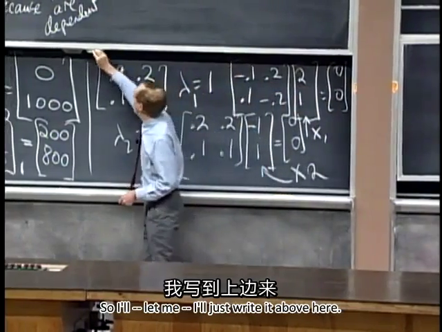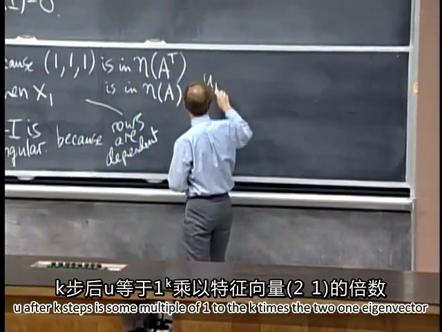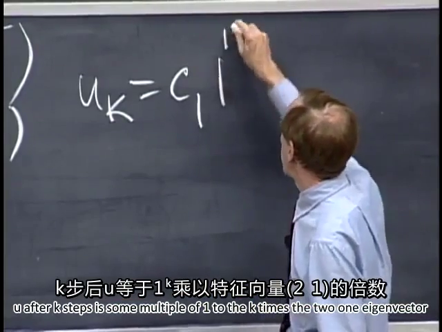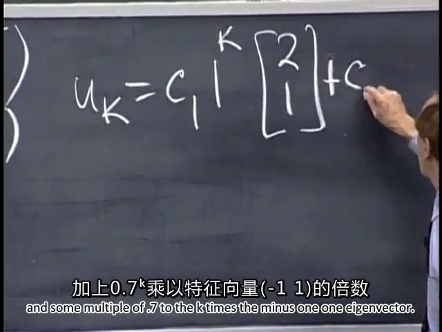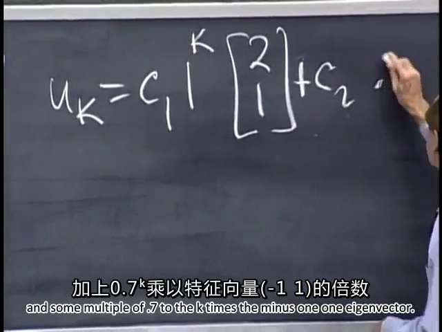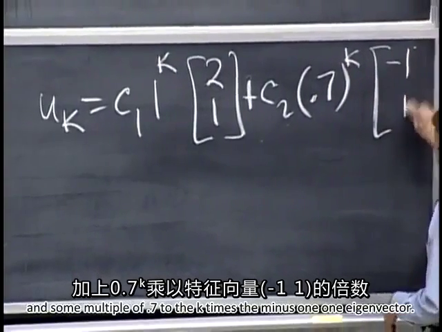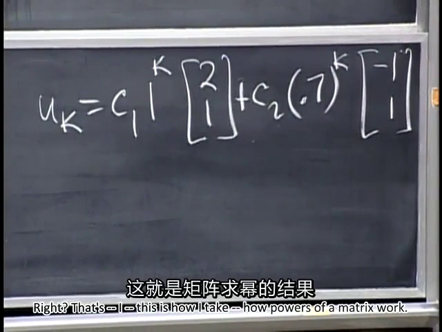So I'll just write it above here. u after k steps is some multiple of 1 to the k times the 2, 1 eigenvector, and some multiple of 0.7 to the k times the minus 1, 1 eigenvector. Right?